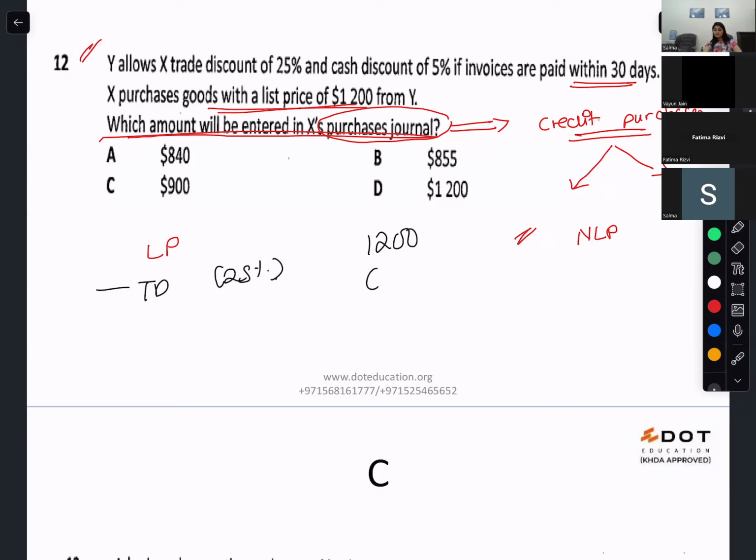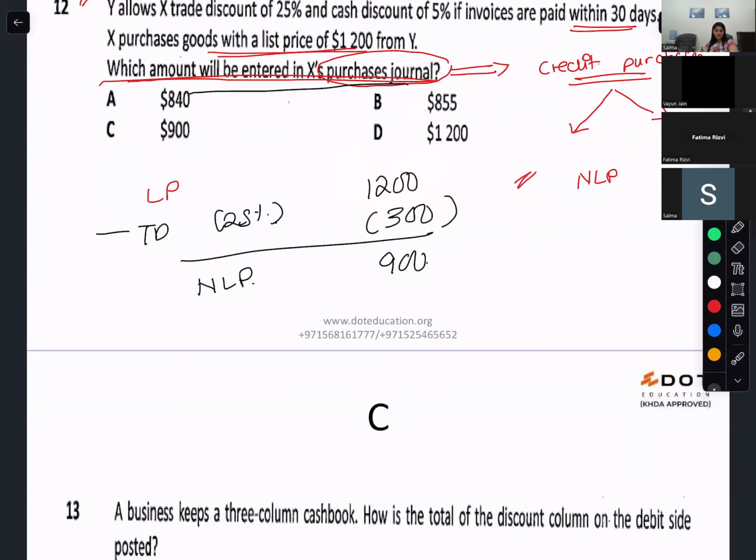Then the NLP will be 900. The cash discount is 5%. Do you have to do the cash discount? No, you don't. What if they ask us the amount entered in the purchase journal? It will always be the net list price.